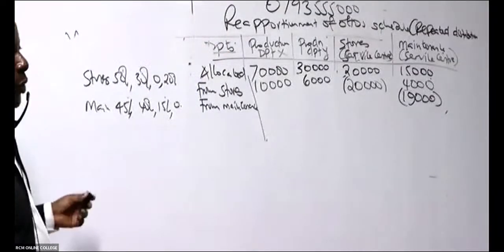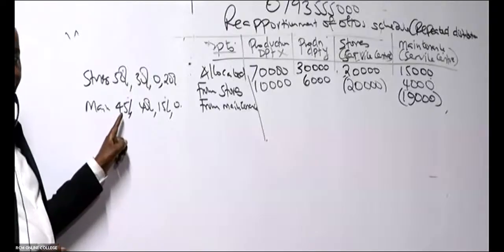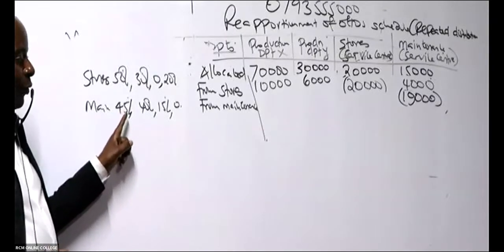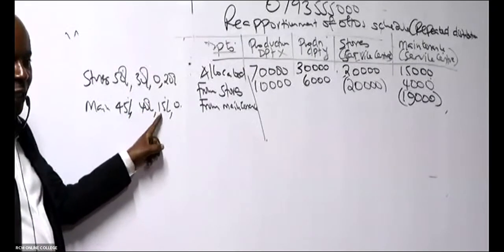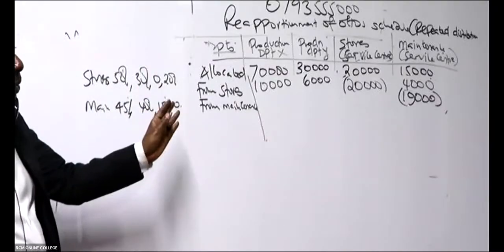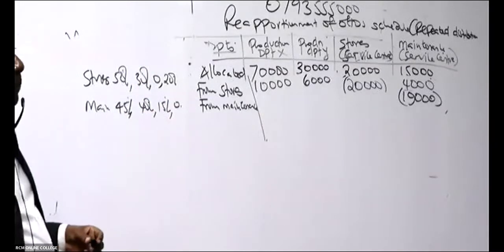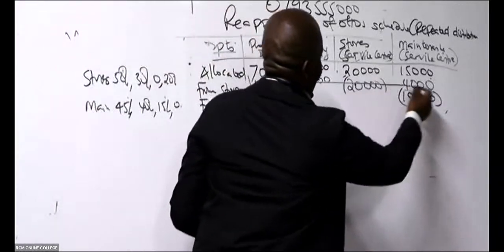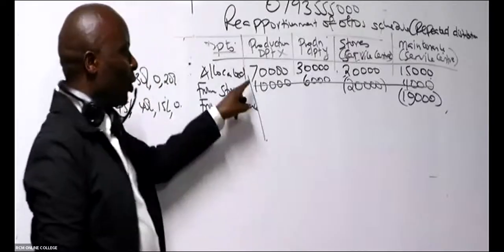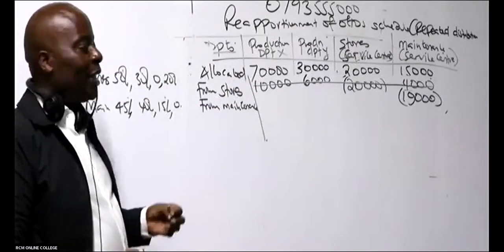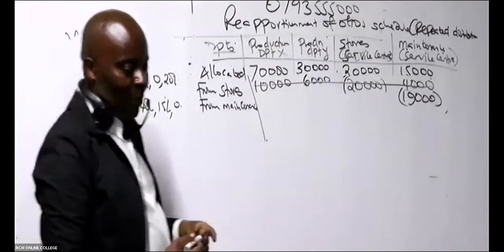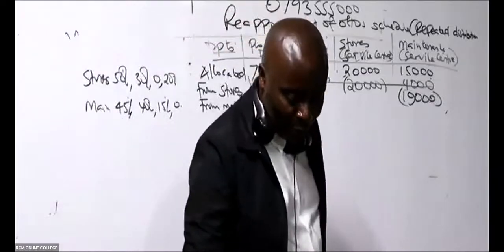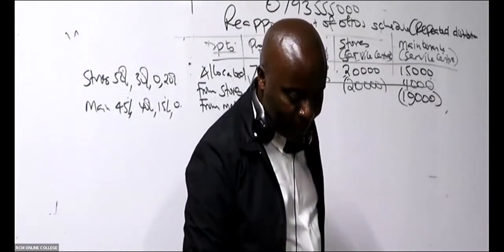Which percentages are we using? Do you know the percentage from maintenance? 45, 40, and 15. Can you destroy that very fast? And remember, this is supposed to be a straight line, right? Only that my handwriting is very poor, but don't draw the line. So 19,000 times 0.45. Let me check what my online guys are saying.